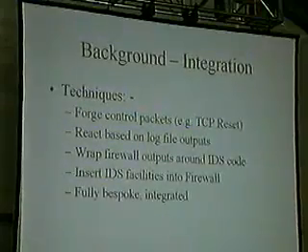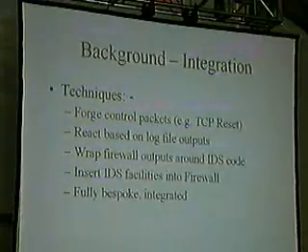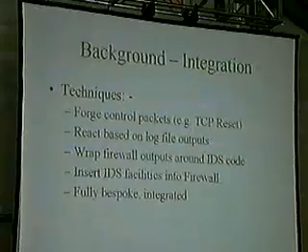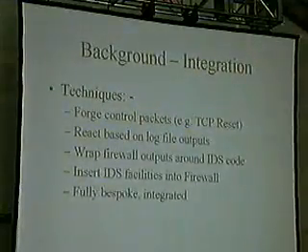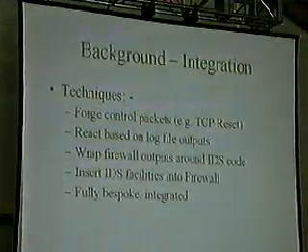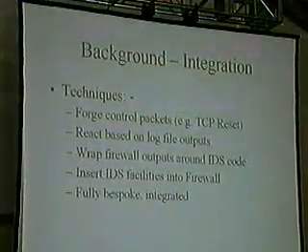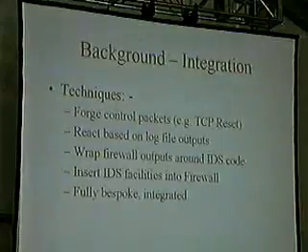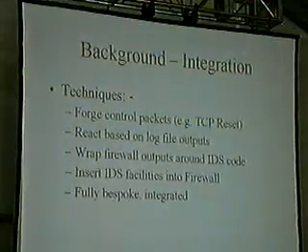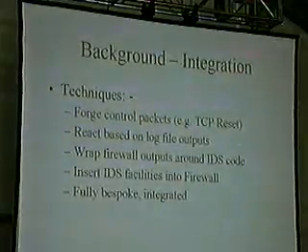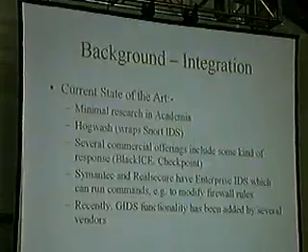You can insert IDS facilities into a firewall. For example, with NetFilter, you can take packets off into user space, do your IDS stuff there, return them back up to NetFilter IP tables, and it can then deal with the dropping and forwarding. Or, and this is what I did, fully integrate a bespoke solution.